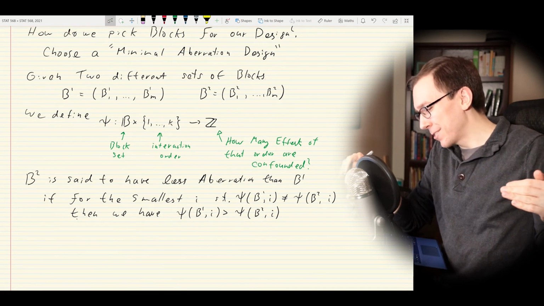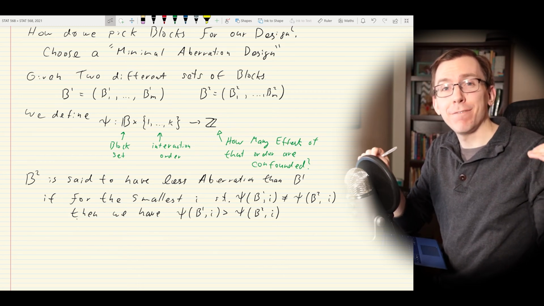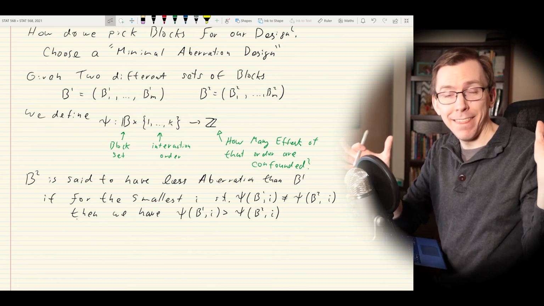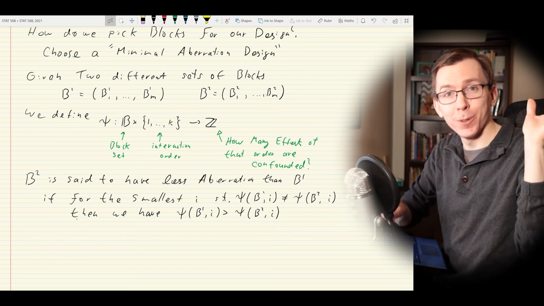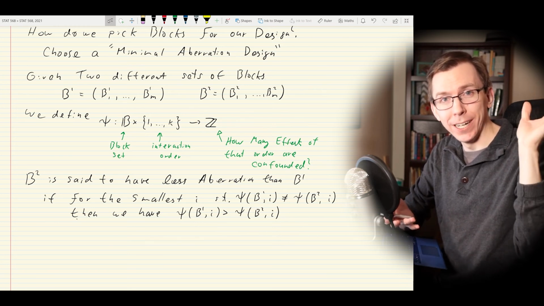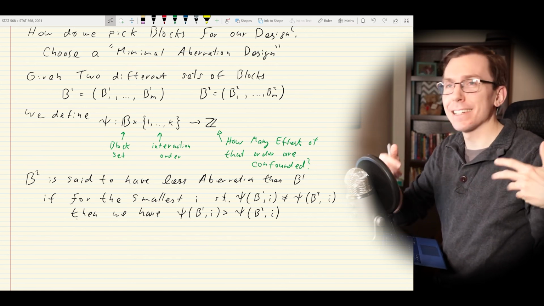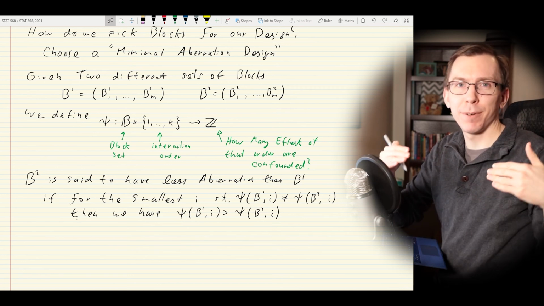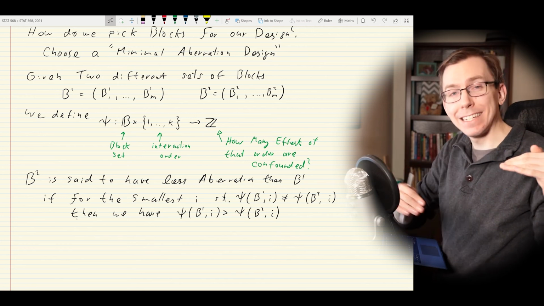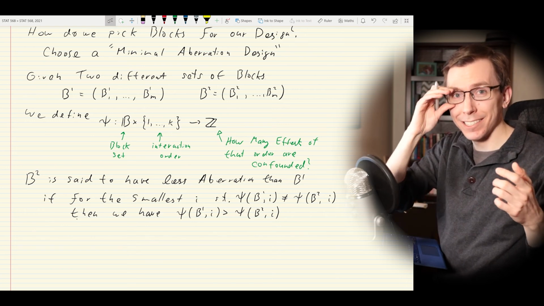It's saying that we want to find the smallest order of interaction where the number of confounded factors between block set 1 and block set 2 differ. And if block set 2 confounds fewer of those interactions, we say that it has less aberration than block set 1. The minimal aberration design would be any design that minimizes the aberration. So a minimal aberration design will always have the same or less aberration than any other design with the same number of blocks in it.